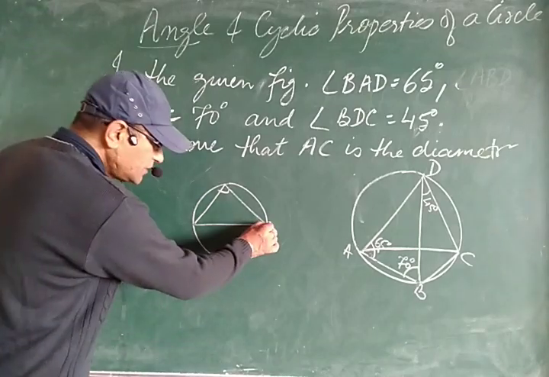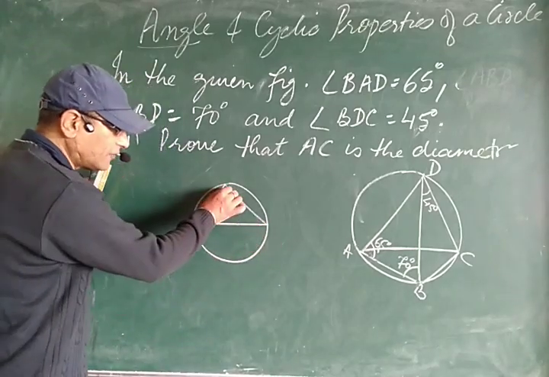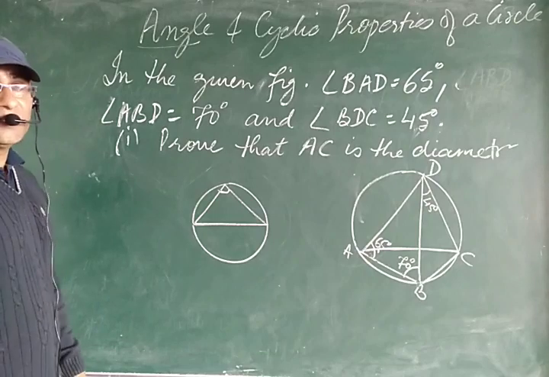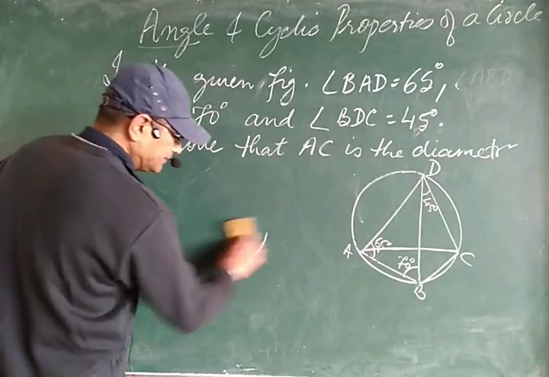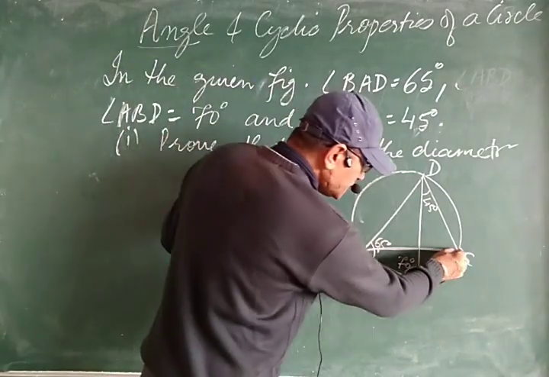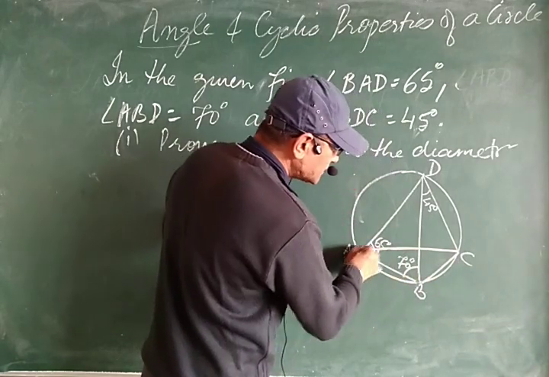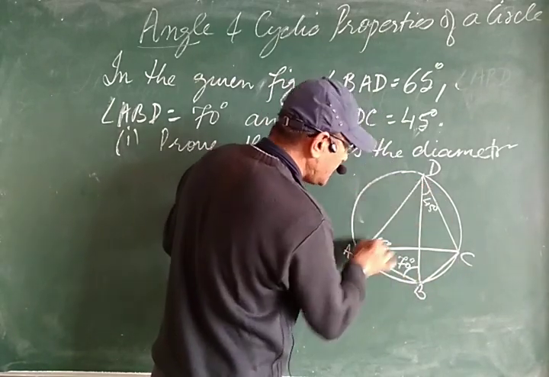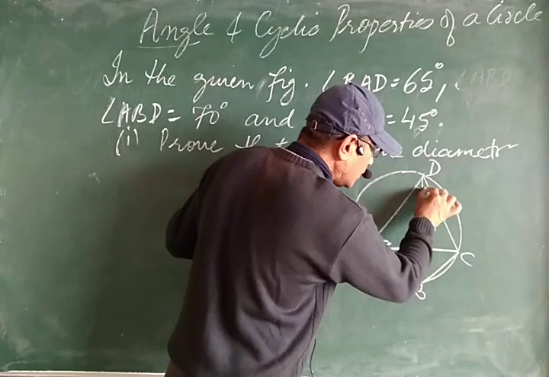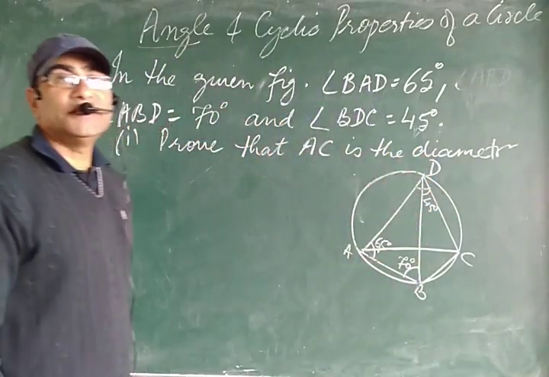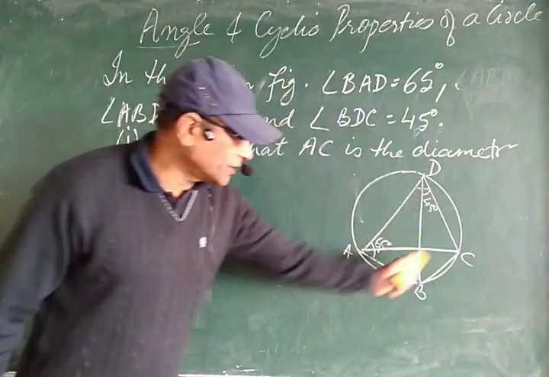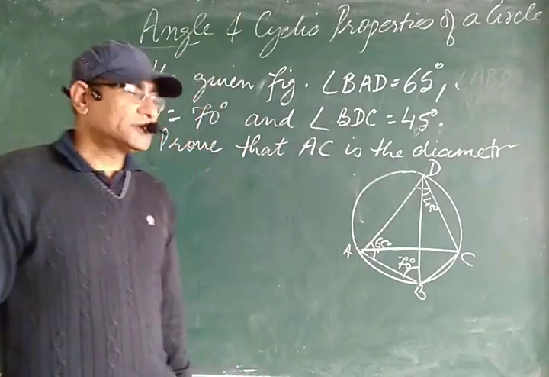So if this has to be a diameter, the angle formed here, ADC, the whole value, has to be 90 degrees. Then we can prove that AC is the diameter of the circle.